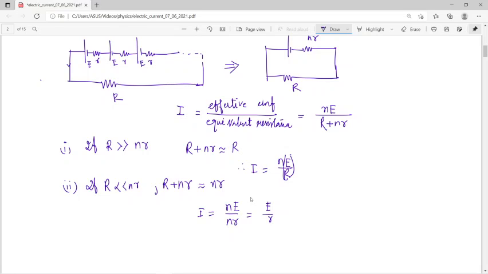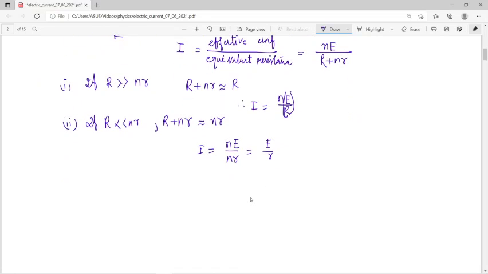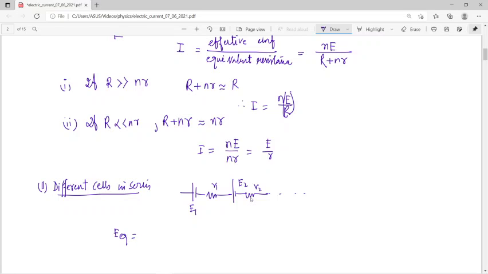So if the different cells are connected in series, say this is E1, this is R1, this is E2, this is R2, connected like that, then the total equivalent EMF of the cells is nothing but E1 plus E2 and so on up to En, and the total equivalent internal resistance is R1 plus R2 and so on up to Rn.